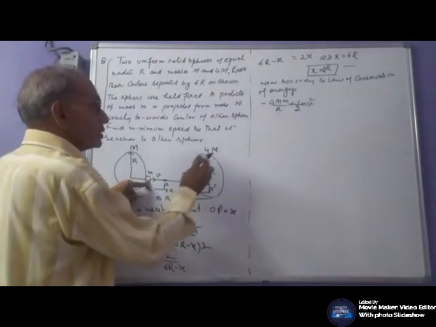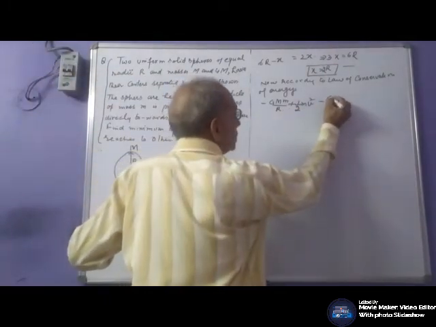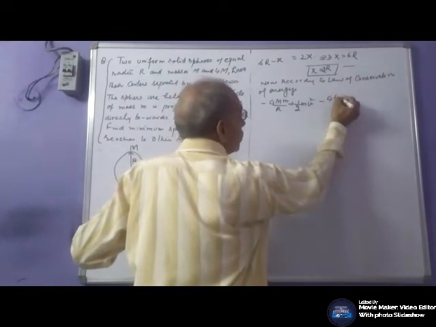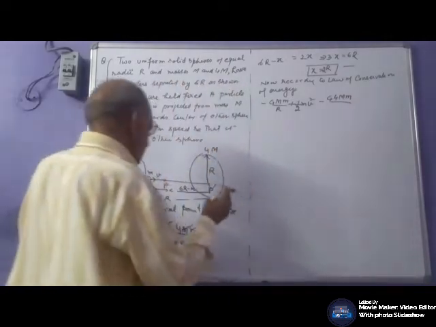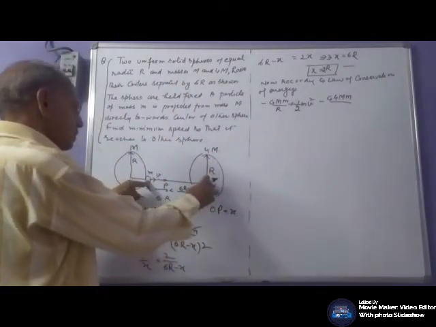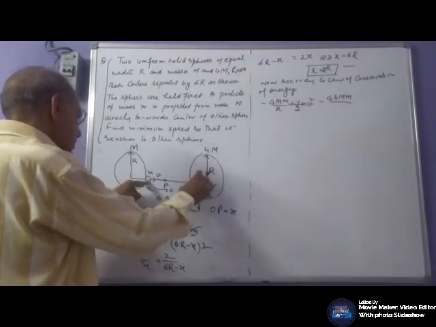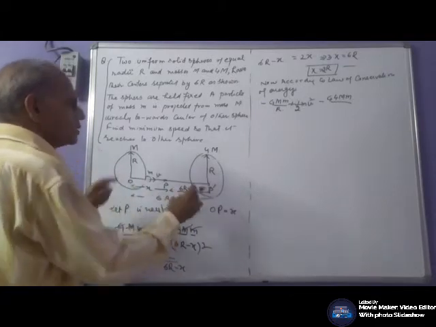Energy due to this sphere: G 4 capital M small m, the distance is 5r, since this is r and this was 6r.